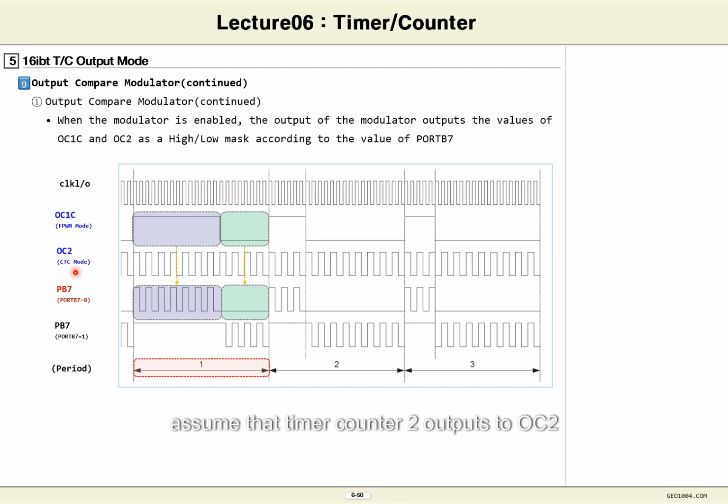Also, assume that timer counter 2 outputs to OC2 in CTC mode as follows. If pin 7 of PORTB is set to 0, the waveform of OC2 is masked by the low of OC1C, and the final waveform is created and output.